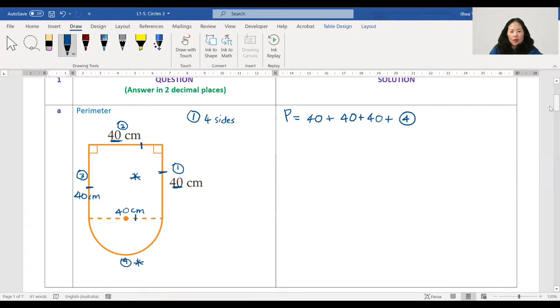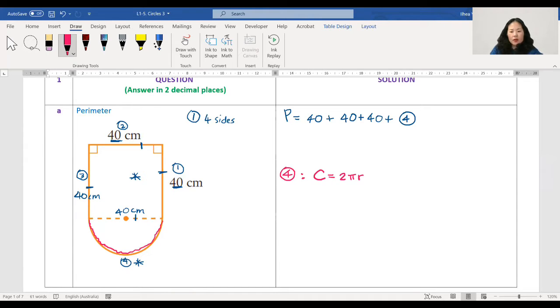So what I'm going to do is find that fourth side. Now, how are we going to find it? I have to use the circumference formula, isn't it? C equals 2 pi r, but this is only half of the full circle. It's a semicircle.